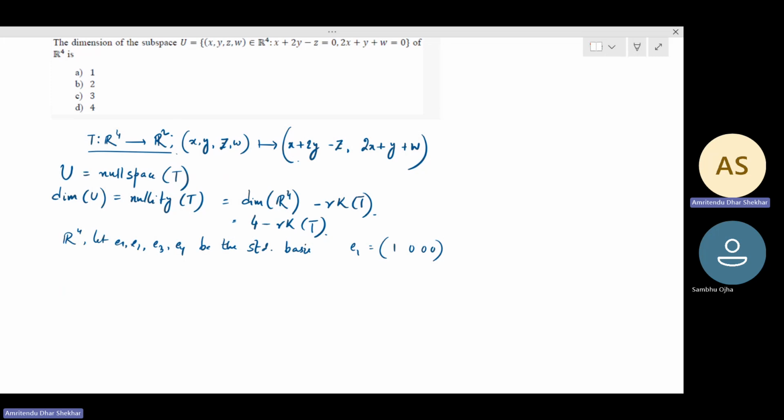Now T is going to be a 2 cross 4 matrix. Whenever you see a 2 cross 4, the way you should interpret it is that we can always think of a matrix as representing a linear map under some choice of basis. Here it means that it is mapping R4 to R2.